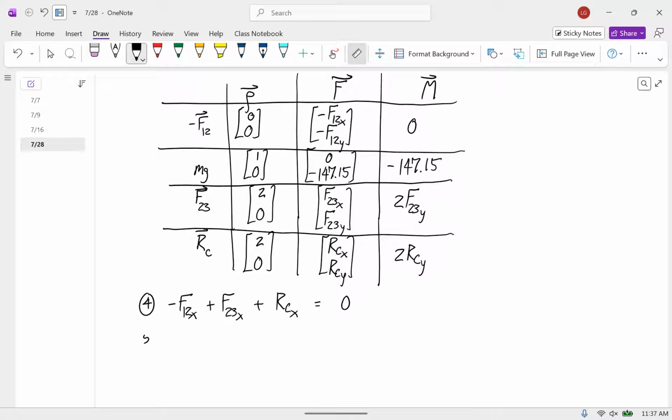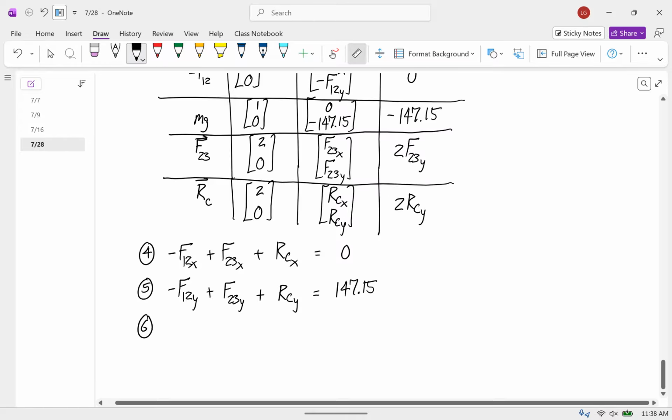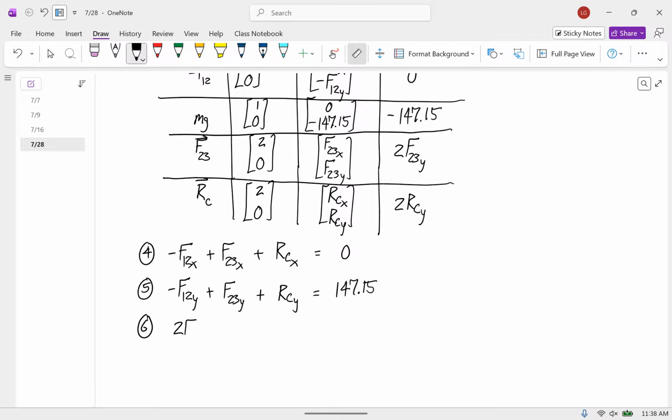Then the y component of Newton's second law, negative F1,2y plus F2,3y plus RCY is equal to positive 147.15. And then rotational Newton's second law says 2 F2,3y plus 2 RCY is equal to positive 147.15.